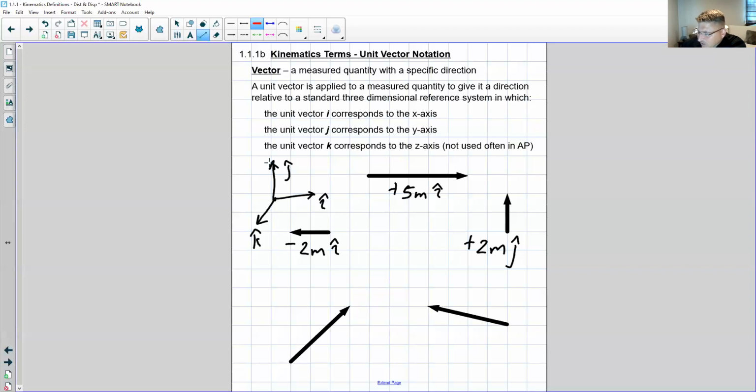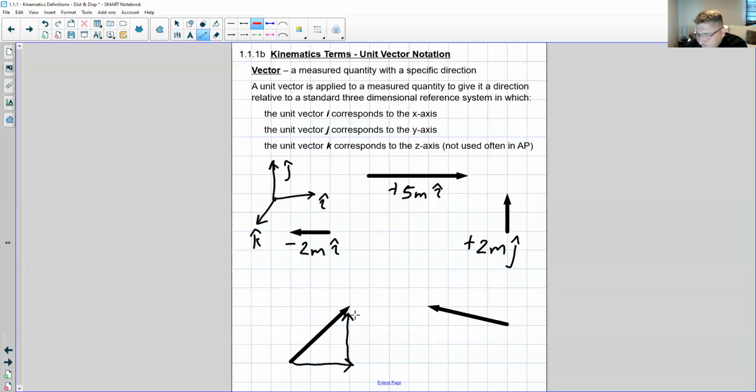So if you look at this vector here, how would you specify this using unit vector notation? It points both to the right and up. Well, how much to the right and how much up is it? We can figure that out because we have a distinct set of boxes here. We can count the boxes.